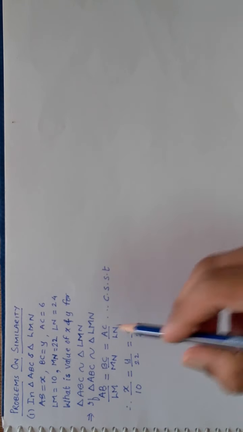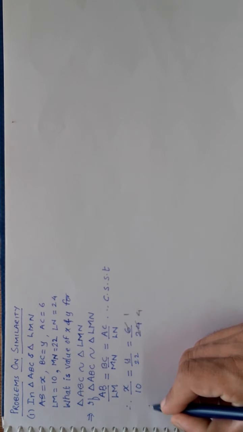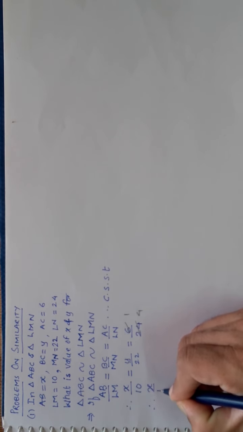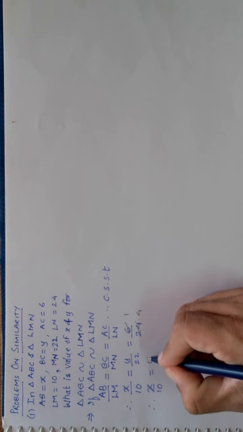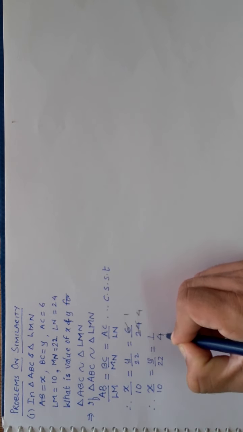So obviously this 6 and 24 are reducible. So 6 ones are 6, 6 fours are 24. So what I get from this is X is to 10 is equal to Y is to 22 is equal to K. That means the constant value K is 1 by 4.